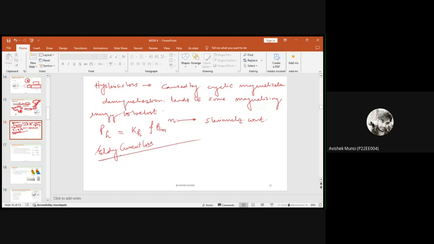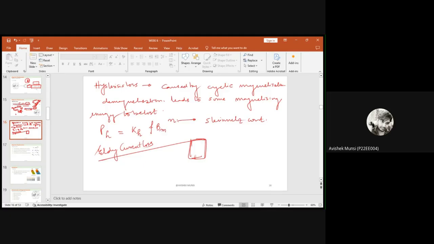So eddy current loss, why does it happen? Because we know that the core of the magnet is solid, right? So since the magnetic core is solid, eddy current loss may happen.